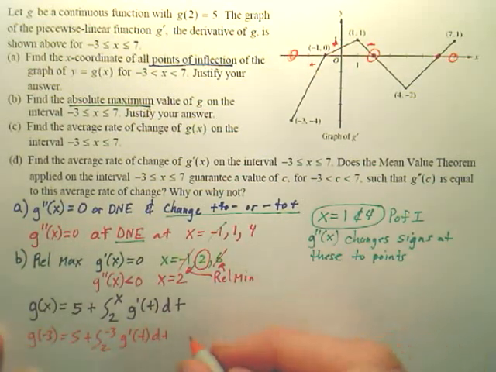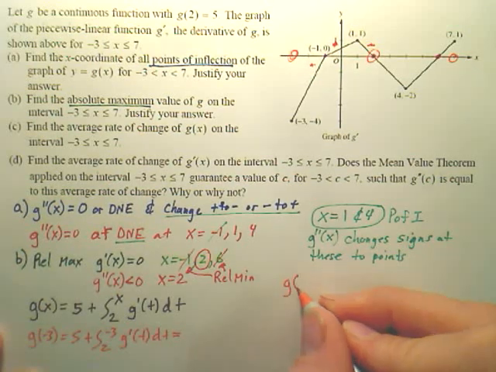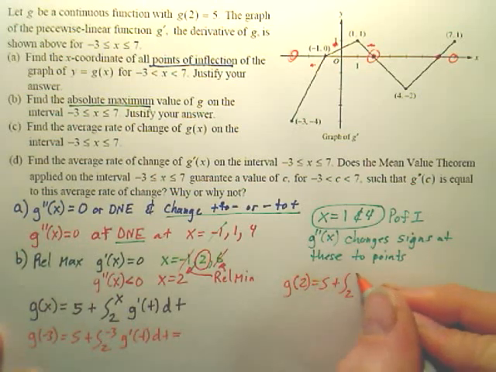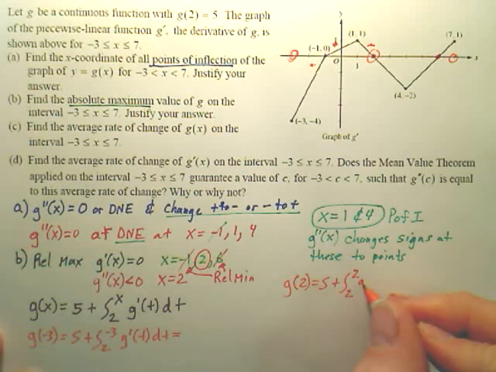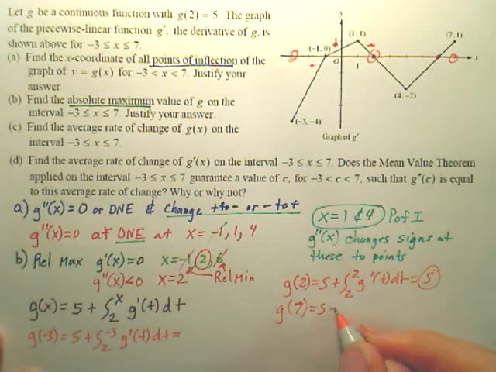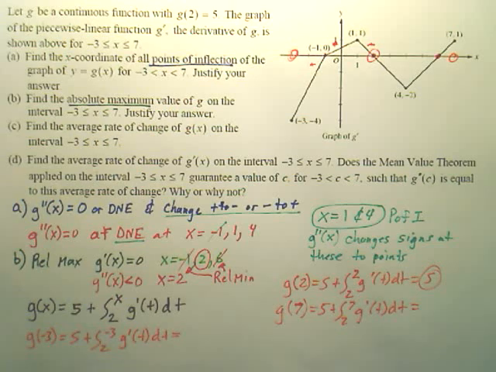Then g of 2 is 5 plus the integral from 2 to 2 of g prime t dt, which is just 5. And then g of 7 is 5 plus the integral from 2 to 7 of g prime t dt.